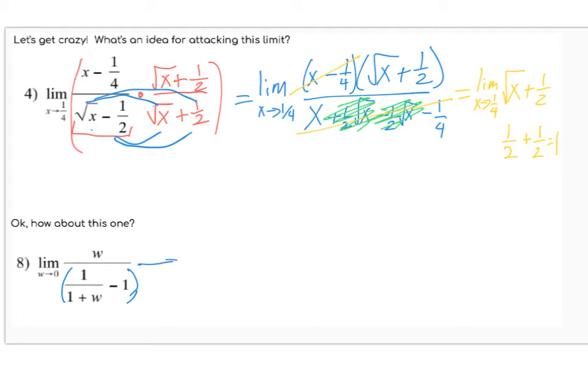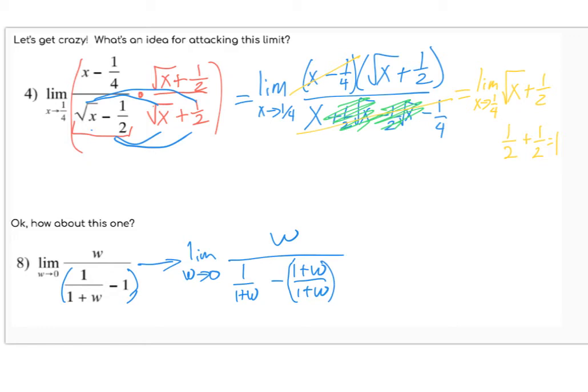So I'm going to extend this, and we've got the limit as w approaches 0. Okay. I know to combine things, I need to find a common denominator. So that's going to be 1 over 1 plus w, and then minus 1 plus w over 1 plus w.